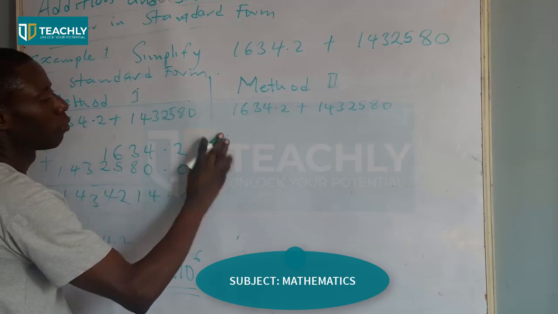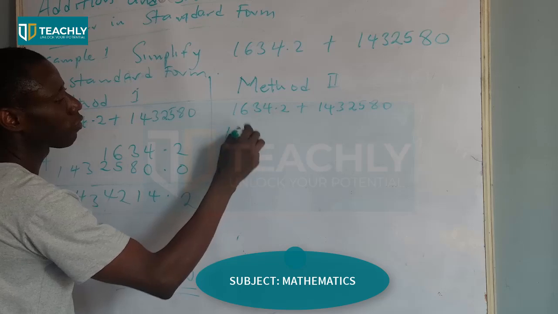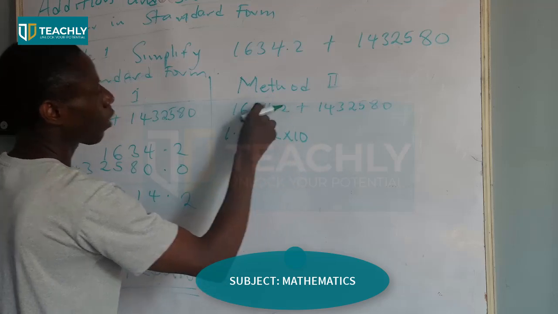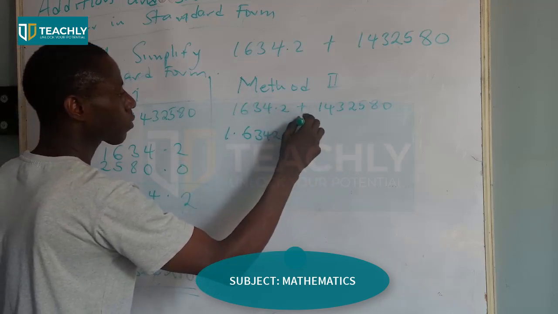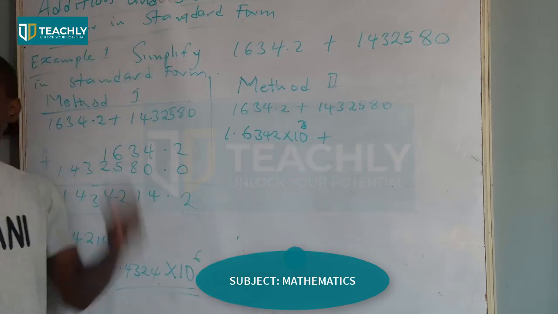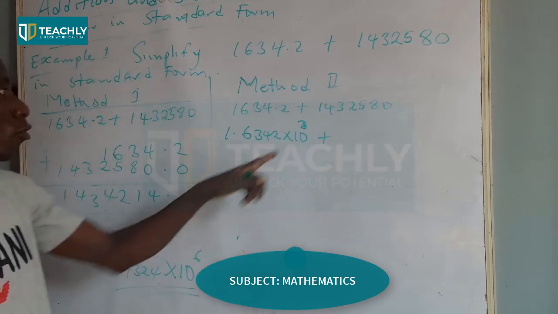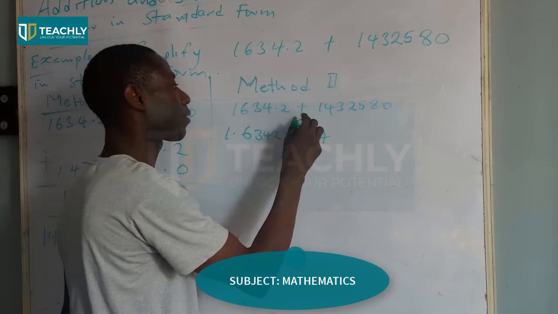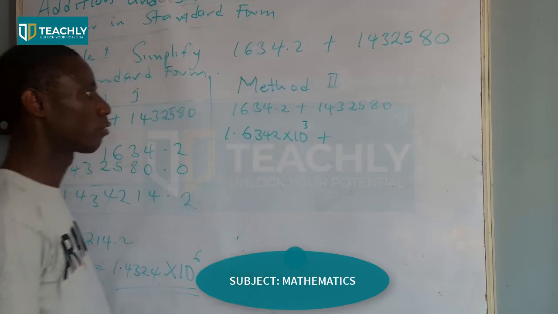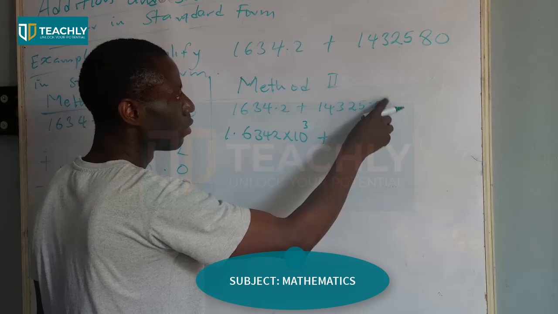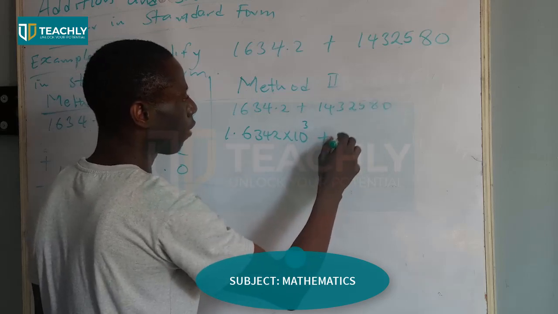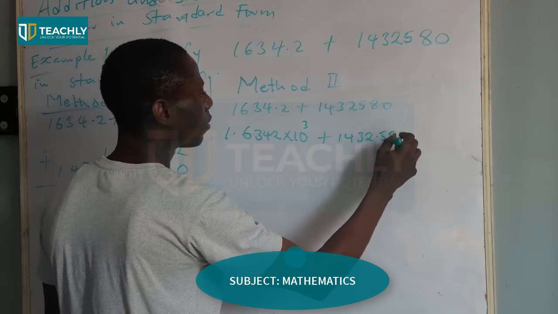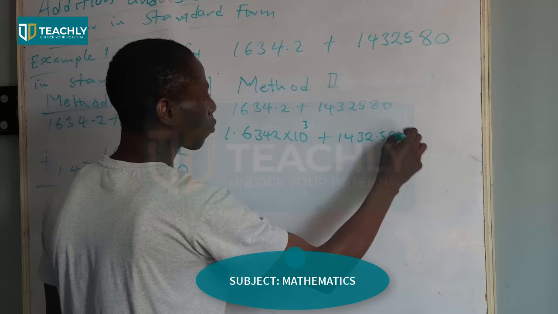This gives you 1.6342 times 10 to the power 3. Plus this one too: convert it the same way so that you can add. From here, 1, 2, 3. This one will be 1432.58 times 10 to the power 3.